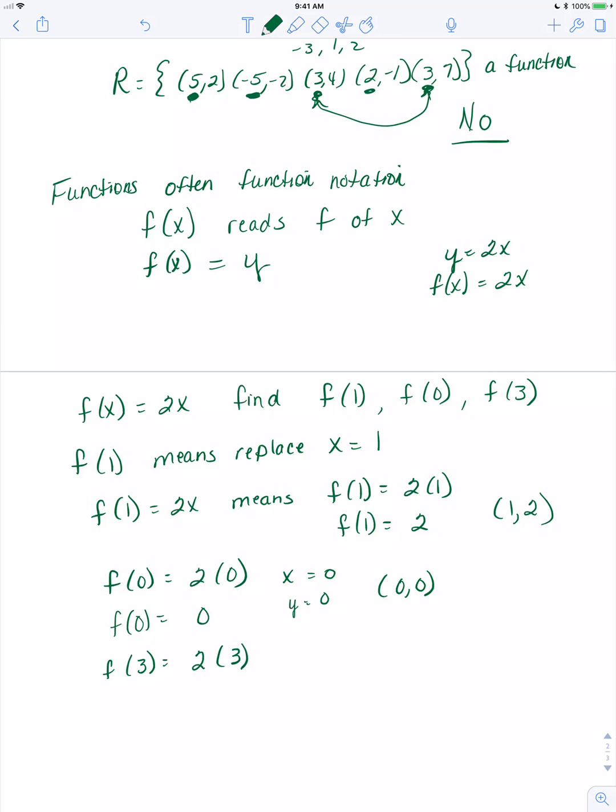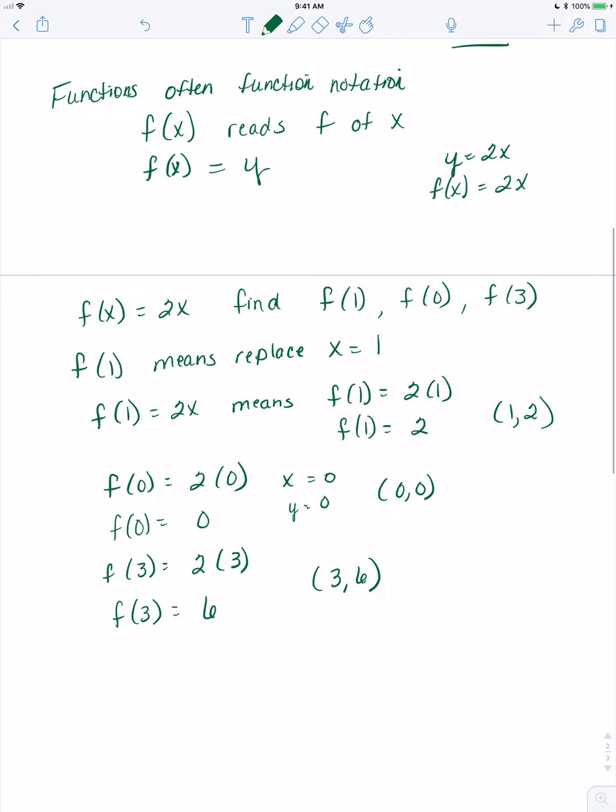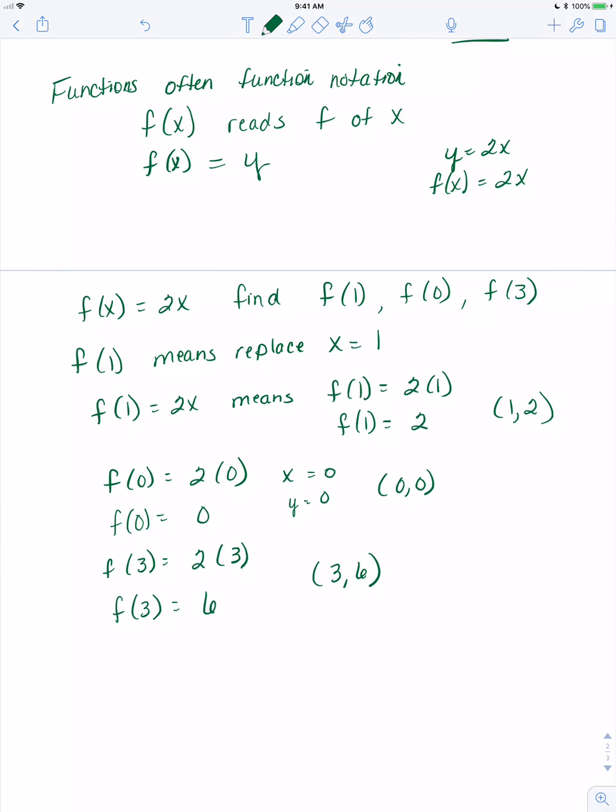So 2 times 3. So f of 3 is 6. And that ordered pair then would be 3, 6. So hopefully that's making some sense a little bit. If something is written in function notation, that's already telling you that it's a function.